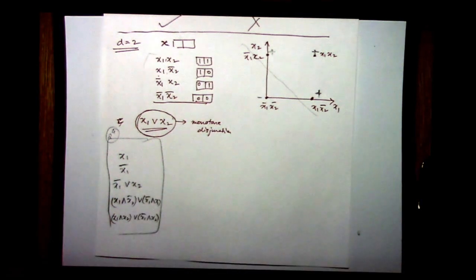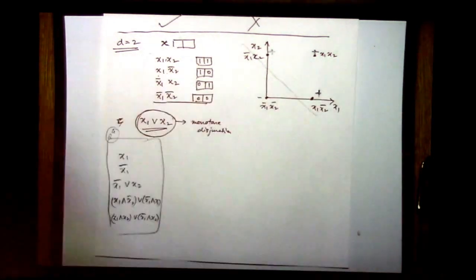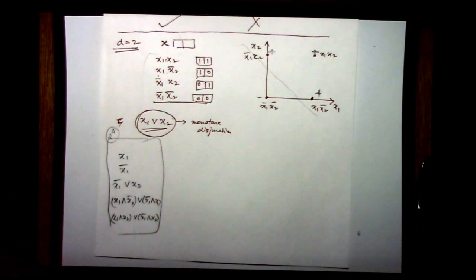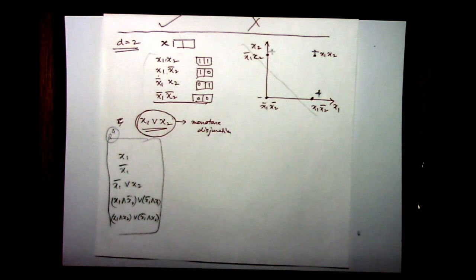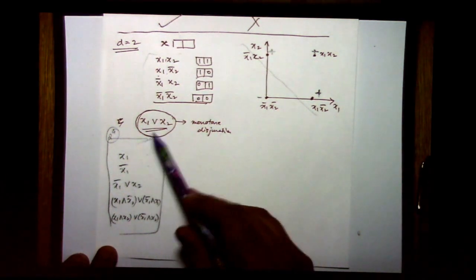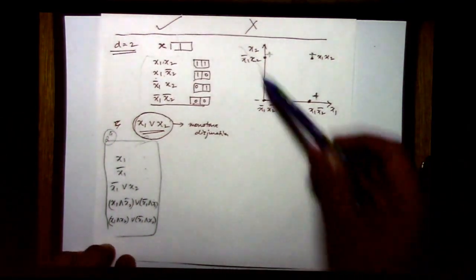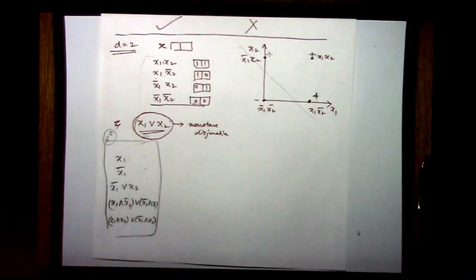So you could have anything, right? Only some of them will partition this. Each concept will partition this data into 2 parts, some positive, some negative. What I'm saying is that out of these, the ones that are monotone disjunctions will be separable by a line.